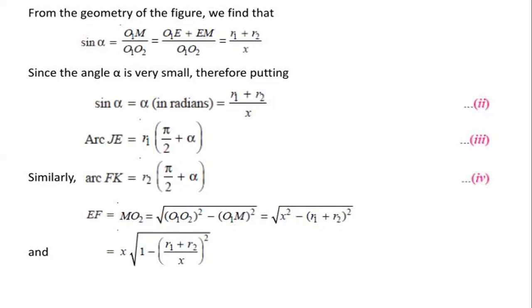minus O1M whole squared, that is x squared minus R1 plus R2 whole squared. Next, that is equal to x into root of 1 minus R1 plus R2 by x whole squared.